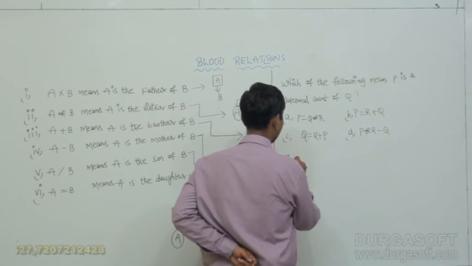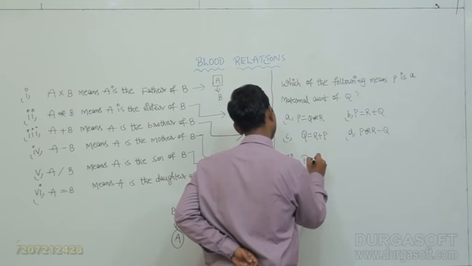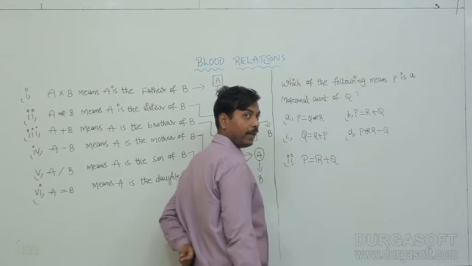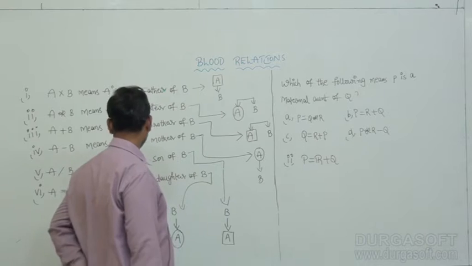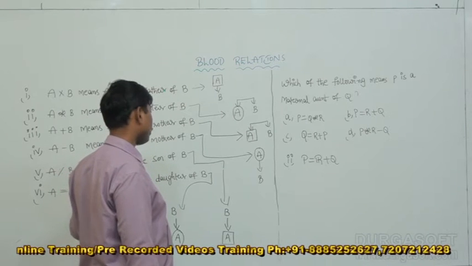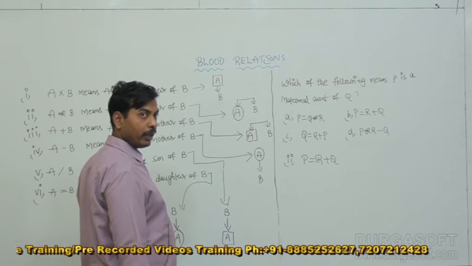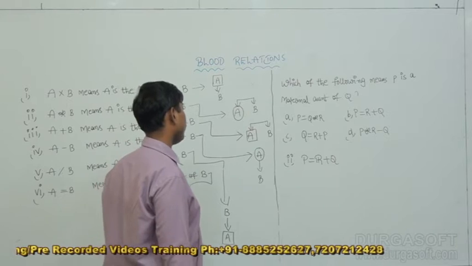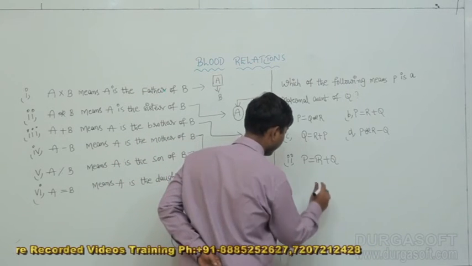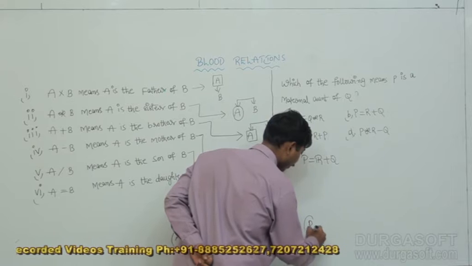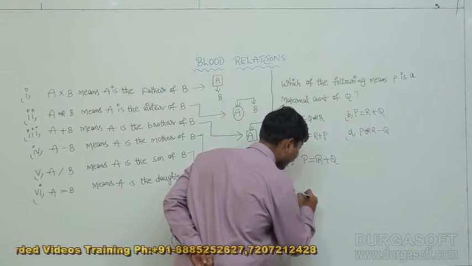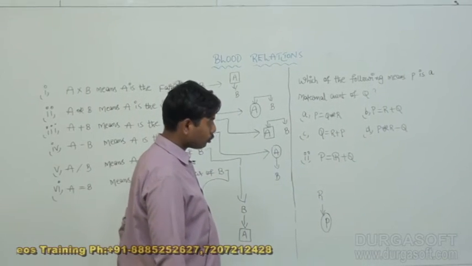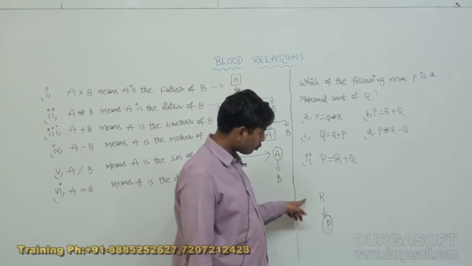What is the next option? The next option is very clear: P equals R plus Q. P equals R plus Q means, as we already know, A equals B means A is the daughter of B. Like that, P equals R means P is the daughter of R. P is the daughter of R means P is in the next generation and R is in the previous generation.